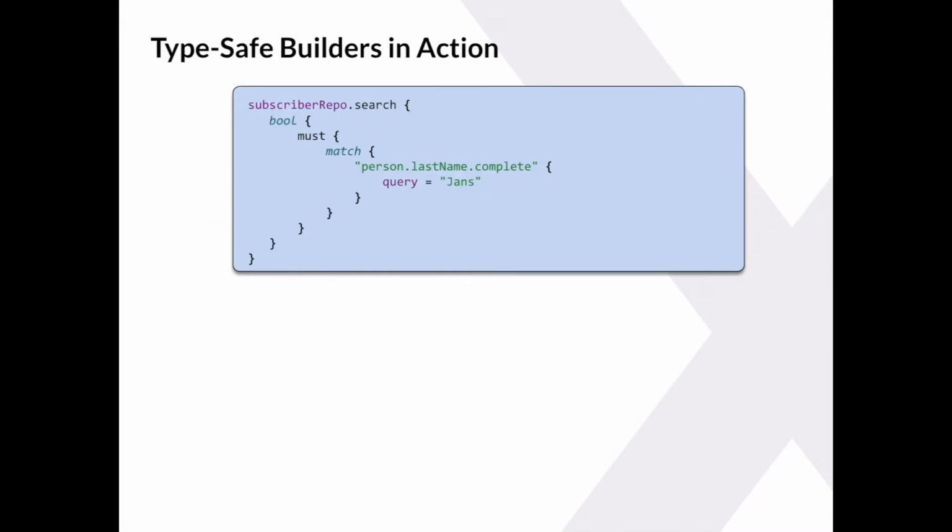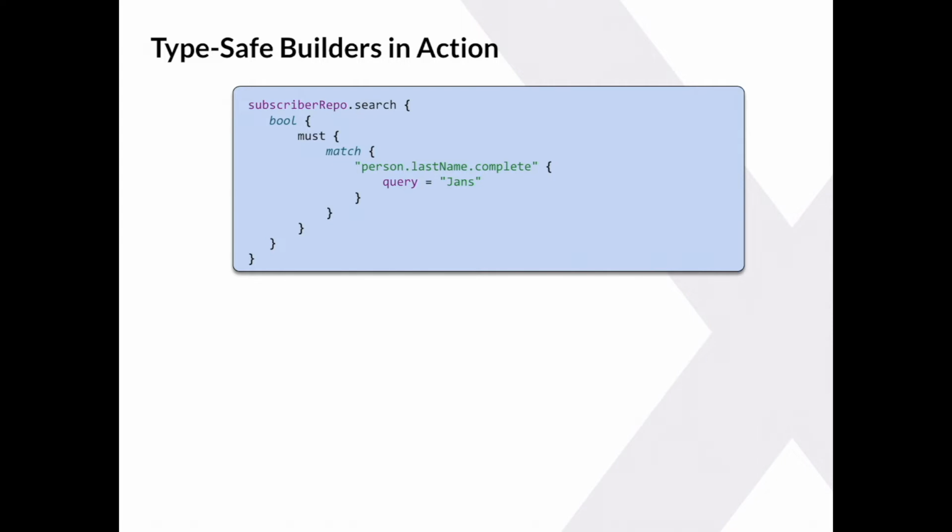So, now, when you look at this DSL, you already see a bit where this feature might appear? No, okay. So we have here a block, right? And this block has a bool method.